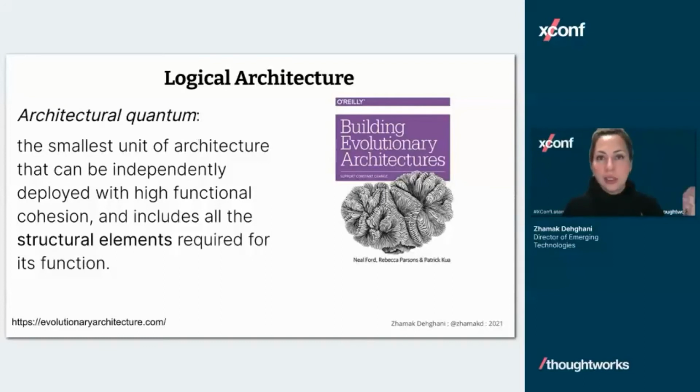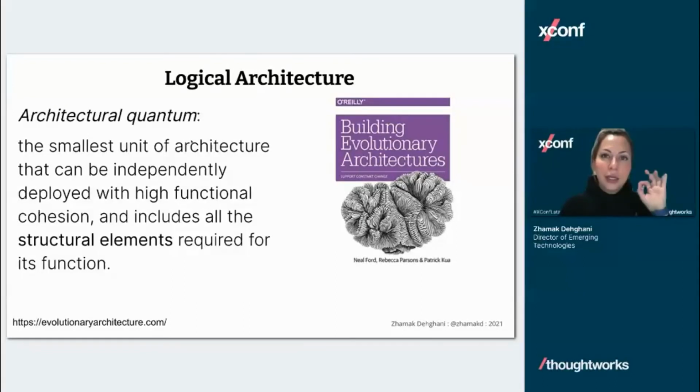And this is where I want to draw from this wonderful concept, architectural quantum, that was initially introduced in the work of my colleagues in the book Building Evolutionary Architectures. And I think we need to change what we mean by data. We need to come up with a new unit of architecture that has all of the structural elements in a way that it can autonomously address all of those concerns that we had up there.